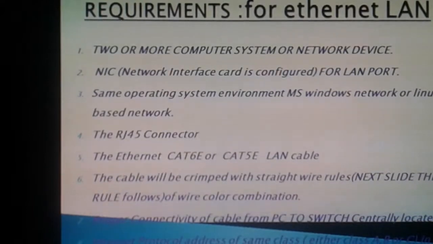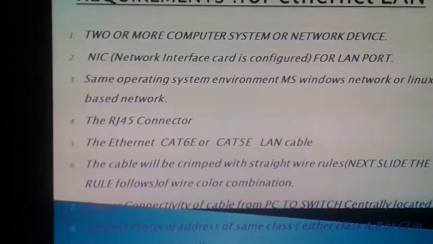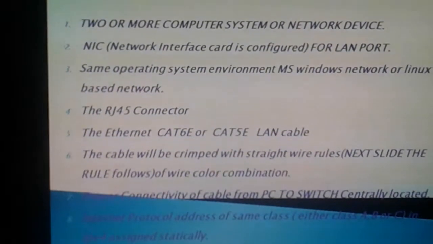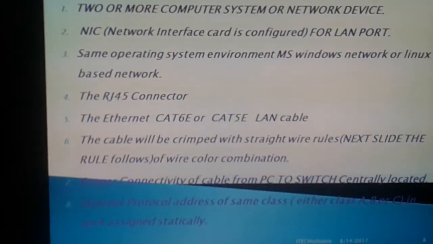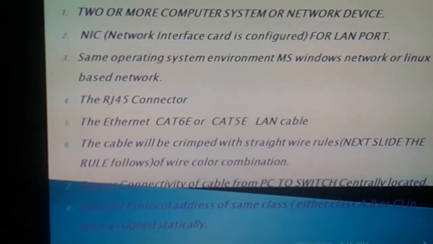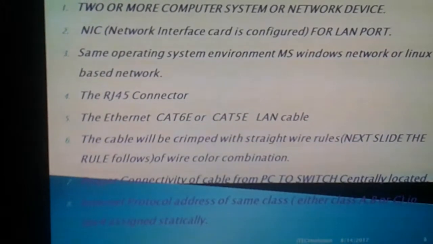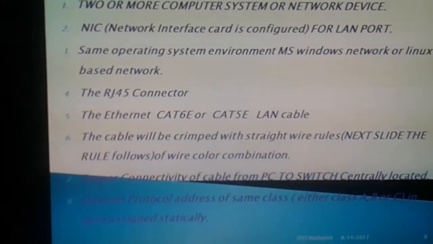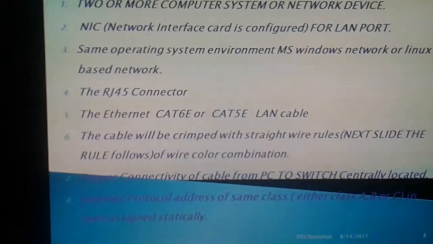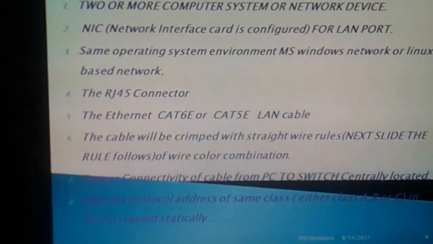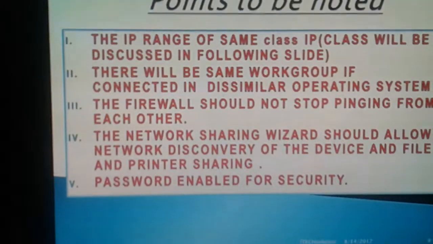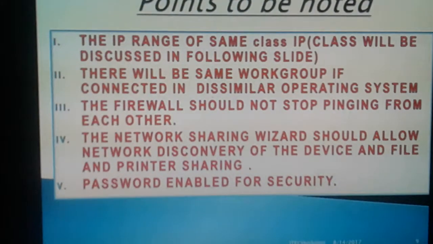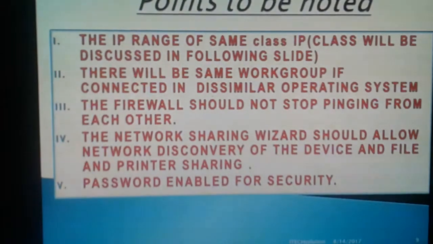The color combination of wires, and then connecting the cable from each PC to the switch centrally located in the LAN system. The IP address, version 4, will be provided by the office or administrator, and we assign it statically, that is, manually. An IP range of the same class is required to follow in the LAN system.